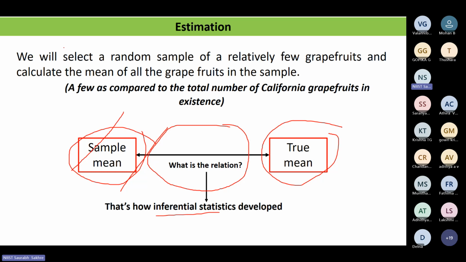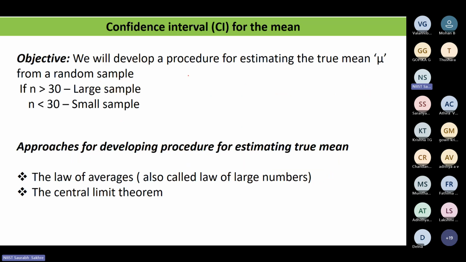So we will select a random sample of relatively few grapefruits and calculate the mean of all the grapefruits in the sample. Our job is to fill the gap between sample mean and true mean. Of course, there will be some error, but we have to minimize it.